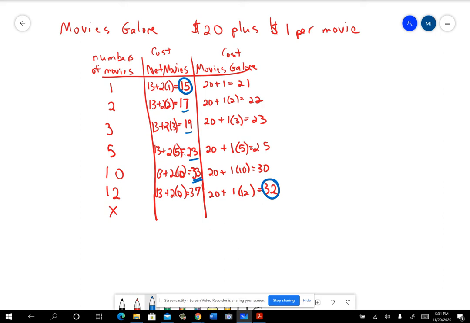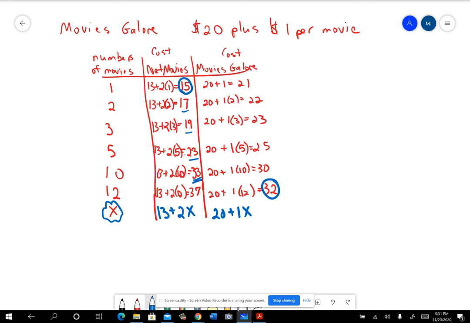Okay. All right, now another thing we did on that intro problem is we came up with an expression in terms of X. So we don't really have a set number of movies. We're going to let X stand for that. Then we can see here the expression would be 13 plus 2 times the number of movies. Where for Movies Galore, it would be 20 plus 1 times the number of movies. Okay.